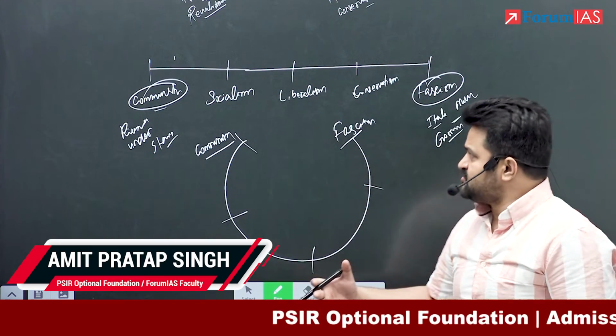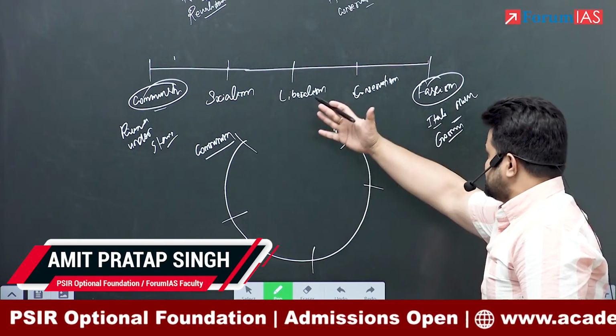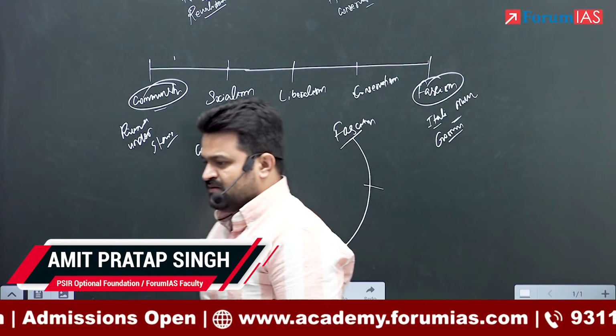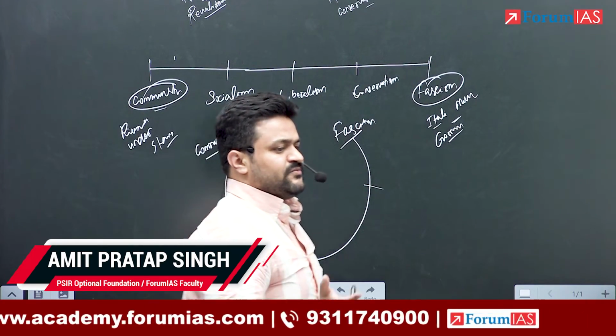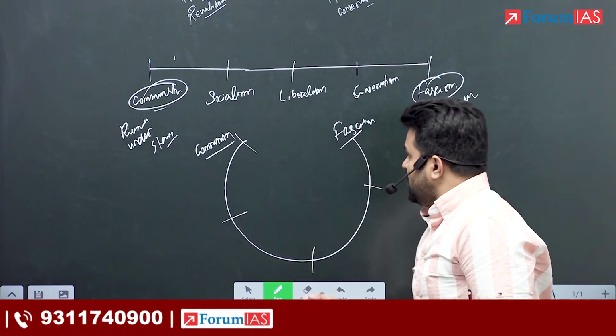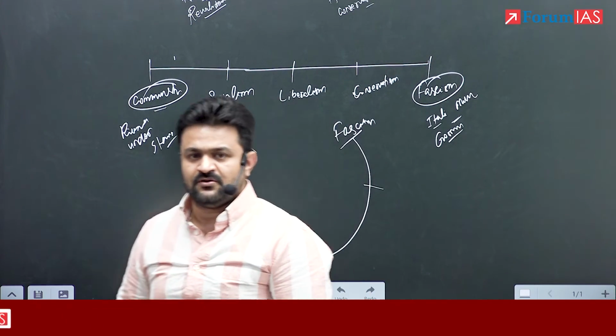So along with this established division of left and right, we are also seeing the emergence of new kinds of linear spectrum, new kinds of horseshoe spectrum or 2D spectrum to differentiate among different political ideologies.